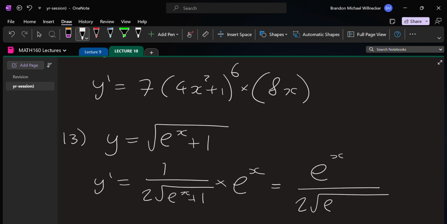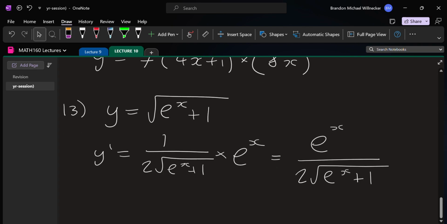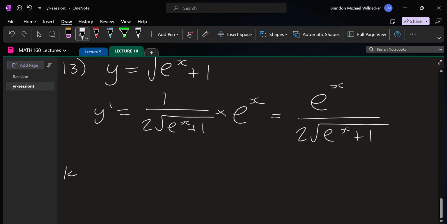We can just write that as e to the x. Okay, so e to the x over 2 roots e to the x plus 1. Okay, any issues with this one? No issues. Okay, 14.